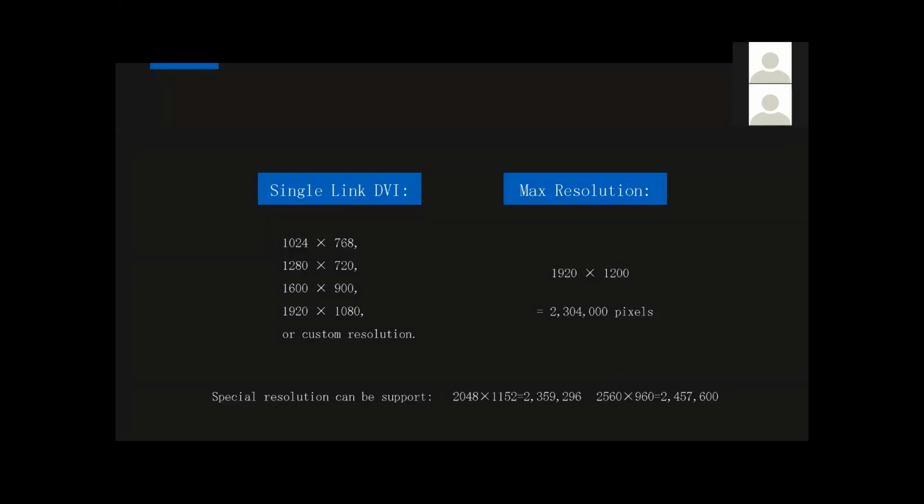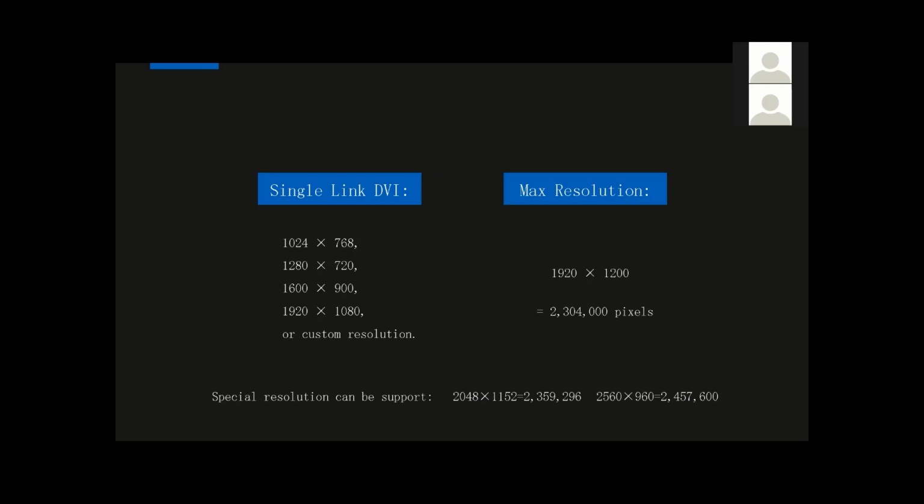Which means if you map a screen with 650,000 pixels on ports 1, 2, and 3, you will not have 650,000 pixels on port 4. All 4 ports calculated in total should be less than 2.3 million pixels. I just want everybody to understand that.